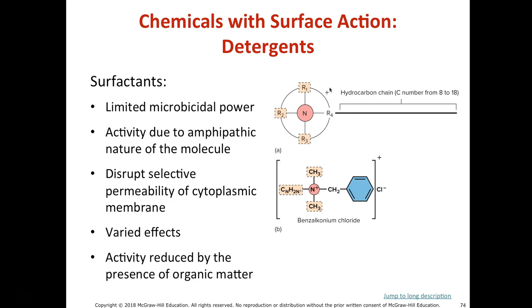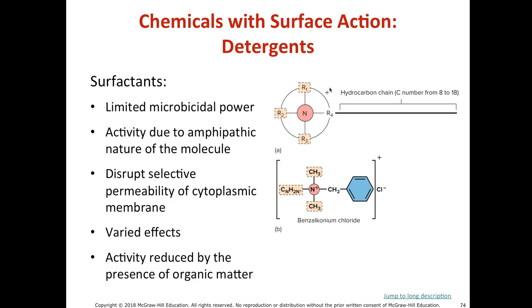And also on the detergent, we will have some uncharged hydrocarbon chains, and that too will disrupt the cytoplasmic membrane. We won't go into all the details there, but basically the end-all picture here is that these detergents and surfactants are going to destroy the cytoplasmic membrane, which doesn't allow it to be selectively permeable anymore, leading to cell death.